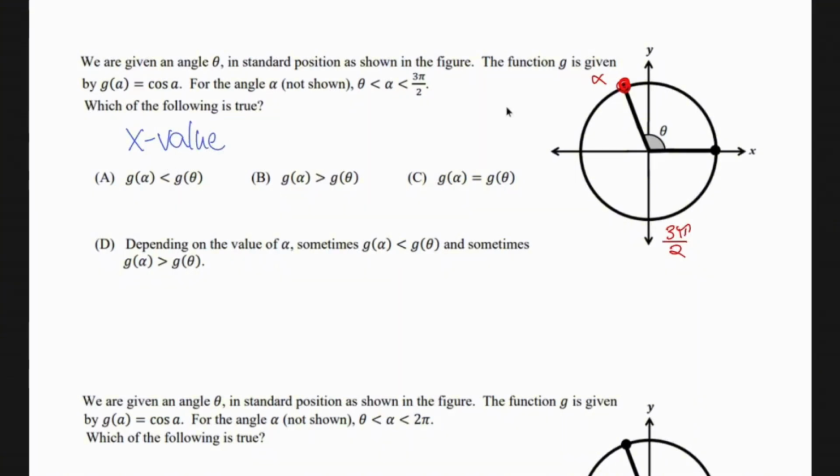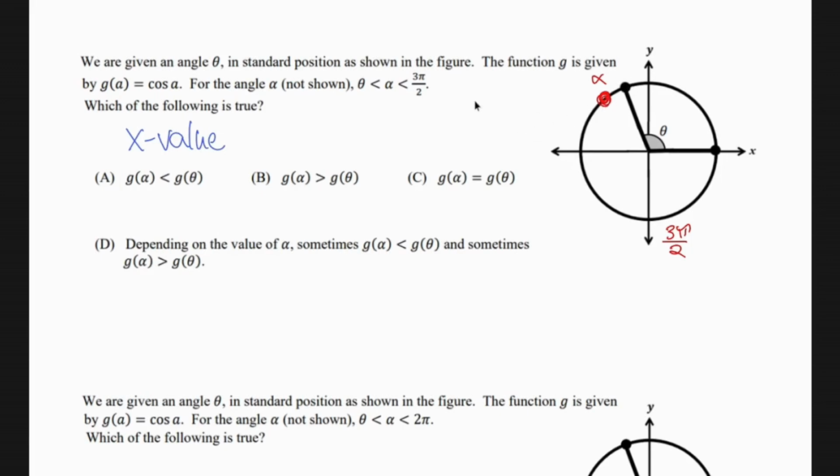So, at this very moment, g of alpha and g of theta are the same. When I move this to the left counterclockwise just a little bit, the x value on the red dot is smaller than the x value on the black dot.